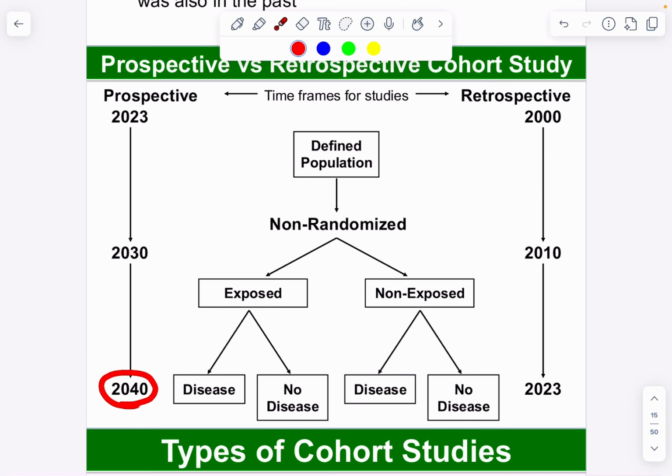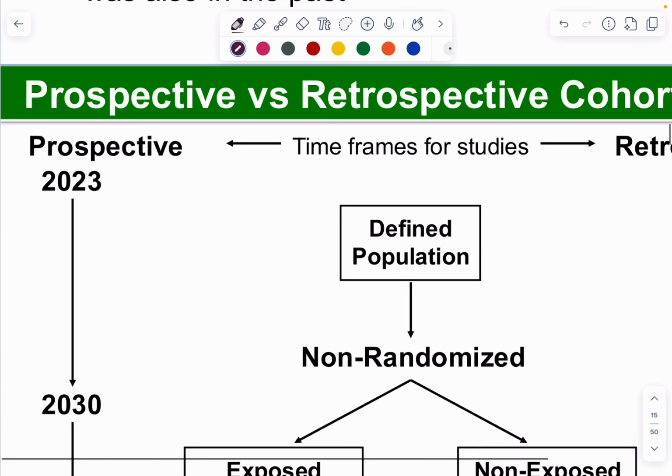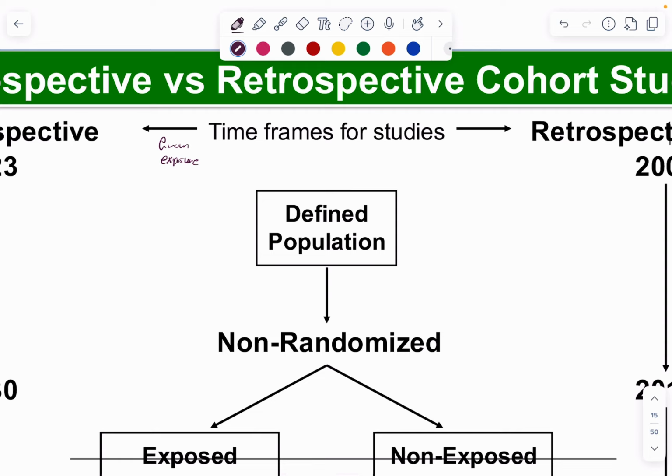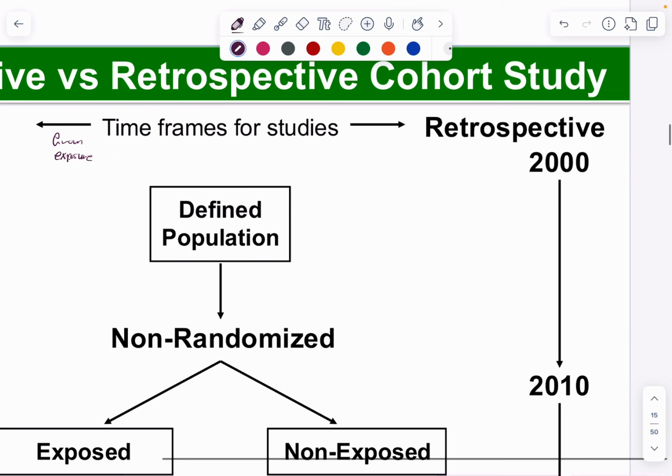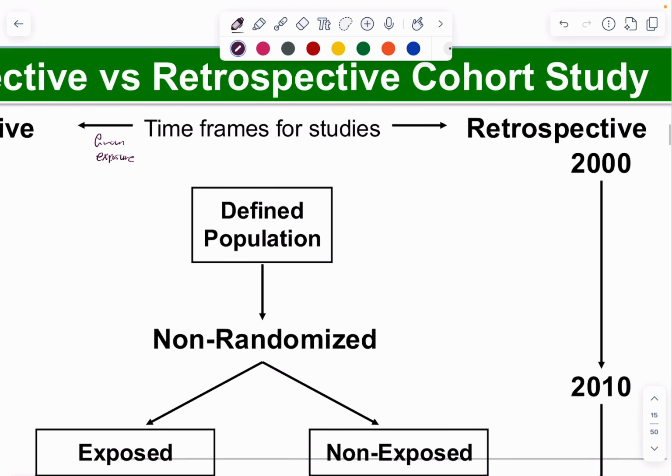Here is another study we call retrospective. Like for example, we are not doing it practically, but we will ask the people. We will anyway start from 2000. The example is the same: smokers, non-smokers. We will identify the smokers who started smoking in the year 2000.